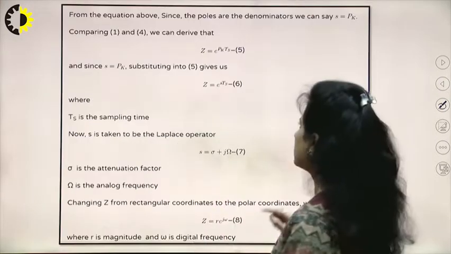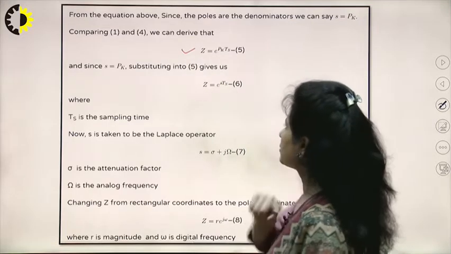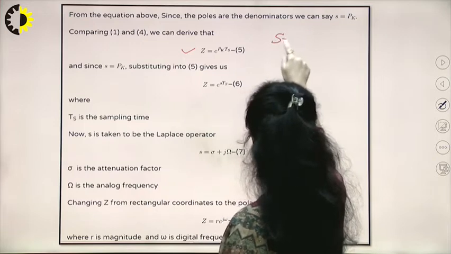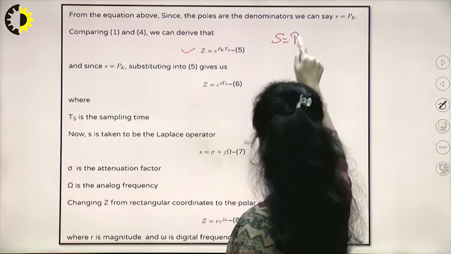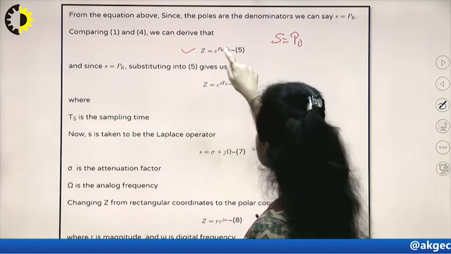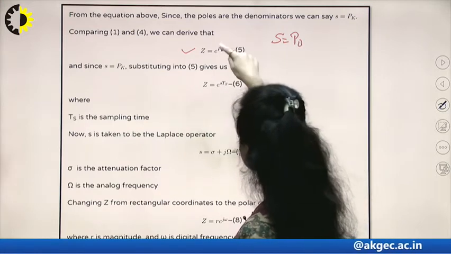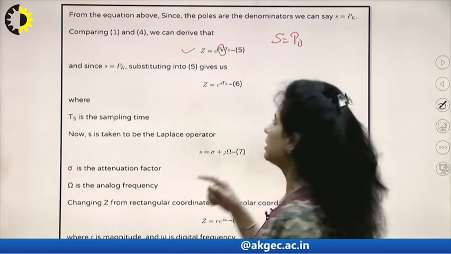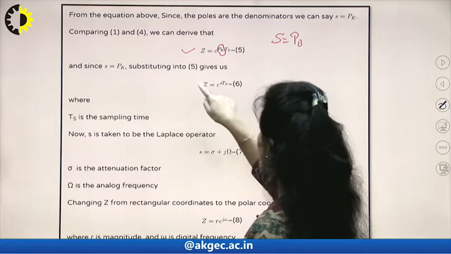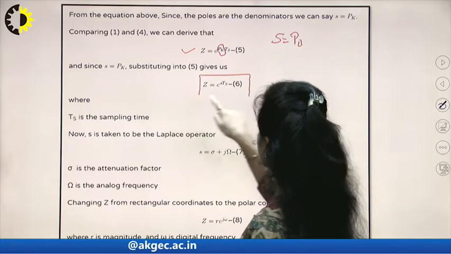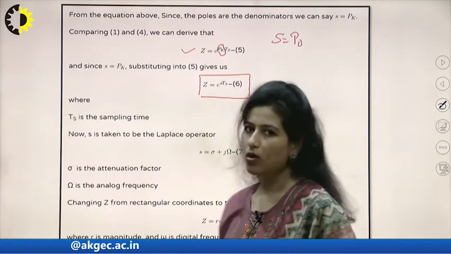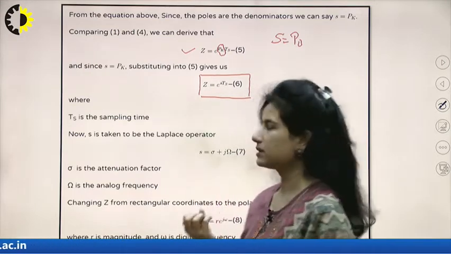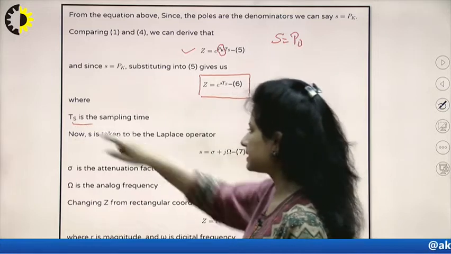So here we would see this is the pole in the digital domain that we have just created, and we have the relationship here that s is equal to some pole, equal to p_i. So simply substituting that value of s here at this particular place, e raised to the power p into T, where p is equal to this s factor, I am getting this new equation representing again the pole of this particular plane, but in the form of the representation factor s, where Ts is my sampling time.